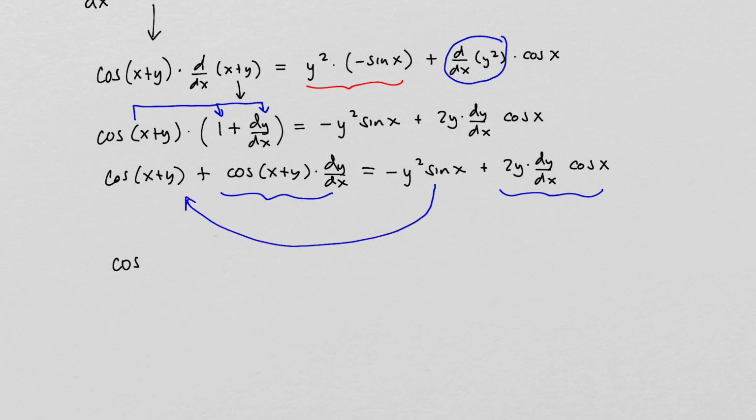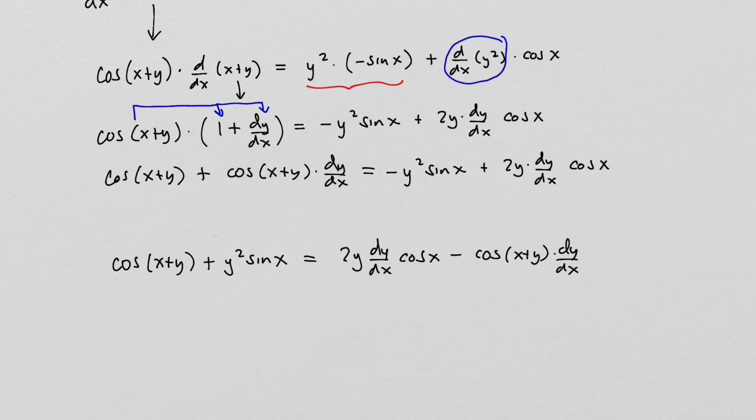So we will get the cosine of x plus y plus y squared times the sine of x. And then the term that you see here, I'm going to subtract that over to the right-hand side. And so on the right-hand side, we're going to get this term minus this term. All right, so there it is.